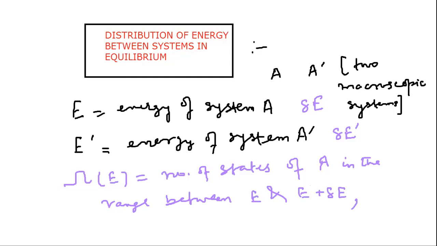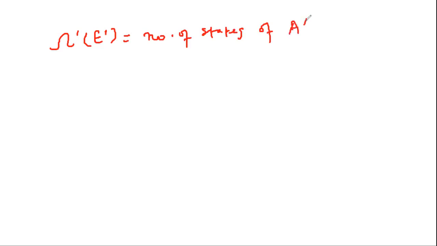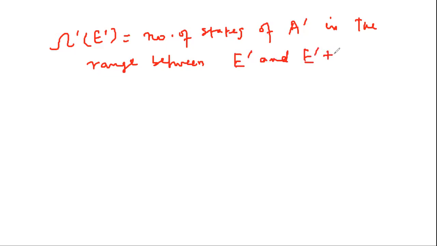And let me get to the next page. Sigma prime of E prime is the number of states of system A prime in the range between E prime and E prime plus delta E prime.